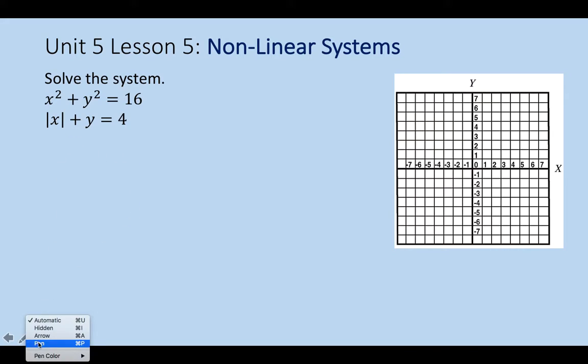If you remember absolute value functions, if we solved for y here, we'd get y equals negative absolute value of x plus 4. Well, the plus 4 would shift the vertex of that V up 4. The negative would flip it upside down, and since there's no shift or scale here, we're going to just go at a slope of 1, so down 1 over 1.